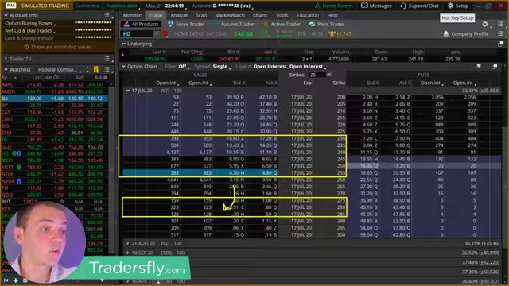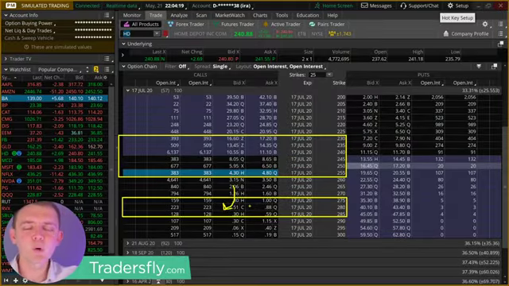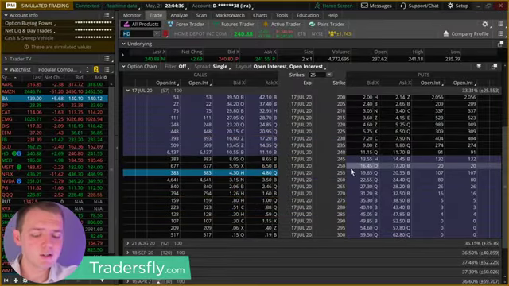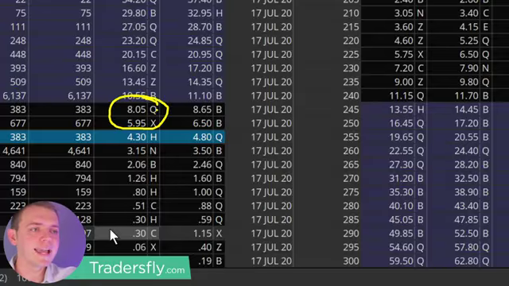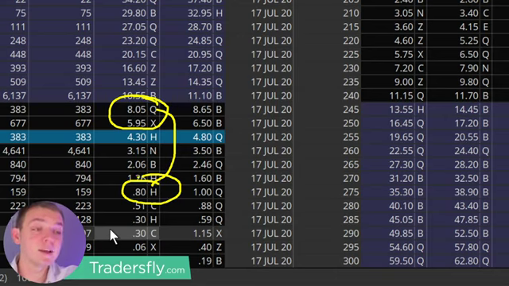So I'm going further out. What is that going to do? Well, the prices are cheaper further out. Because these are closer to at the money, these are 805. If I go further out, these are only 80 cents. So it makes it a lot cheaper for me to play a directional bet.